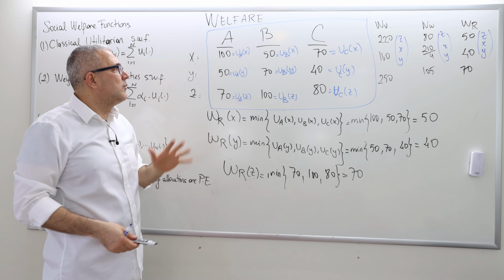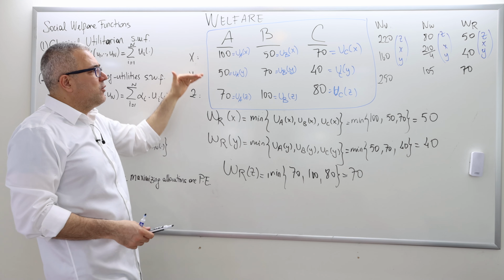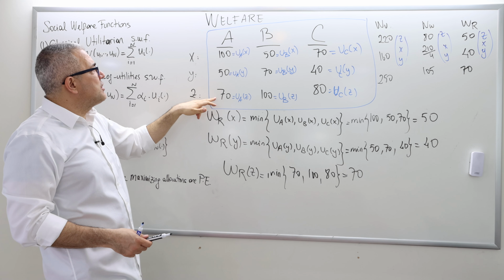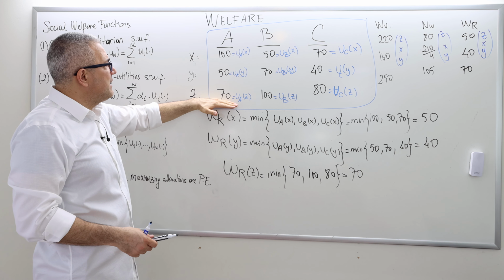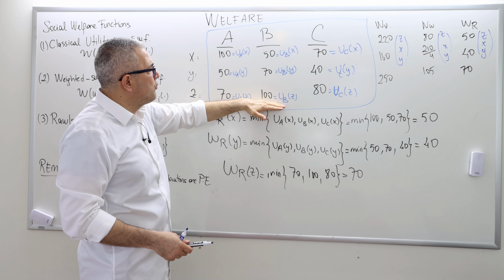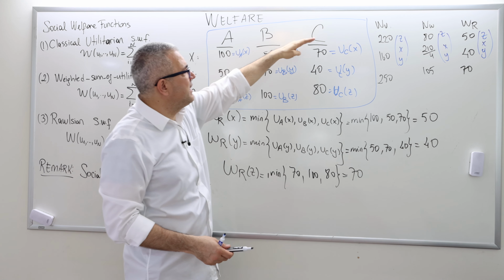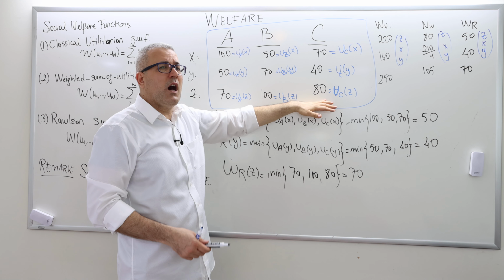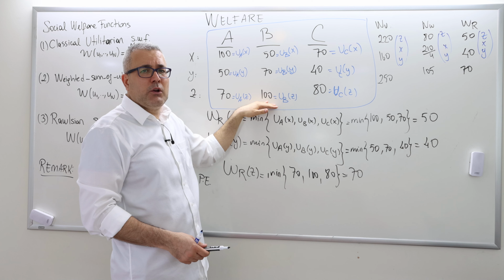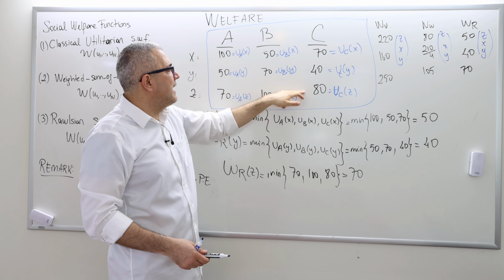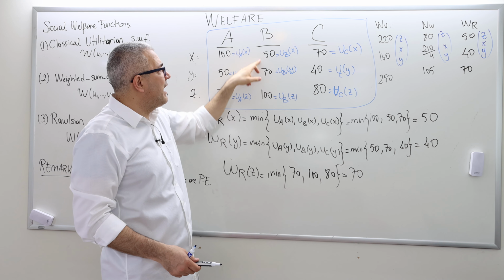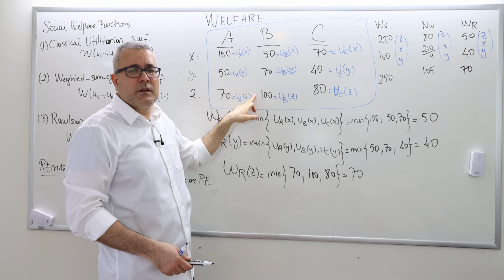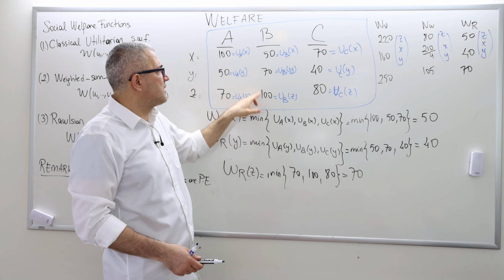Is it possible? Well, let's check. If I give those agents Z, agent A is going to get utility 70, agent B is going to get utility 100, and agent C is going to get utility 80. Isn't it obvious that Z is Pareto-efficient, because Z gives agent B the highest utility he can ever receive, which is 100.